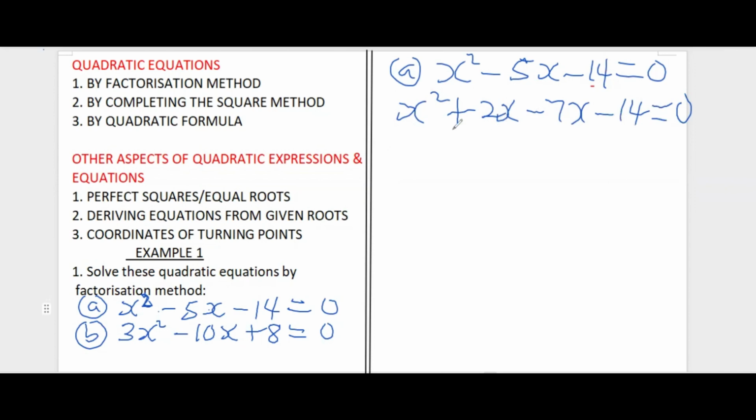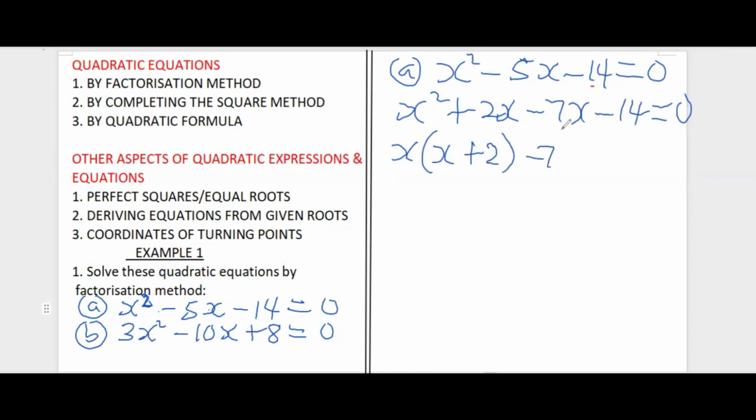So all you need to do now is that from 3 terms, we group the left-hand side into 4 terms. We'll now factorize them, taking x squared and 2x. What is common is x. Factor out x. What do we have left here? X squared divided by x is x, plus 2x divided by x, that is 2. Then here, we factor out negative 7.